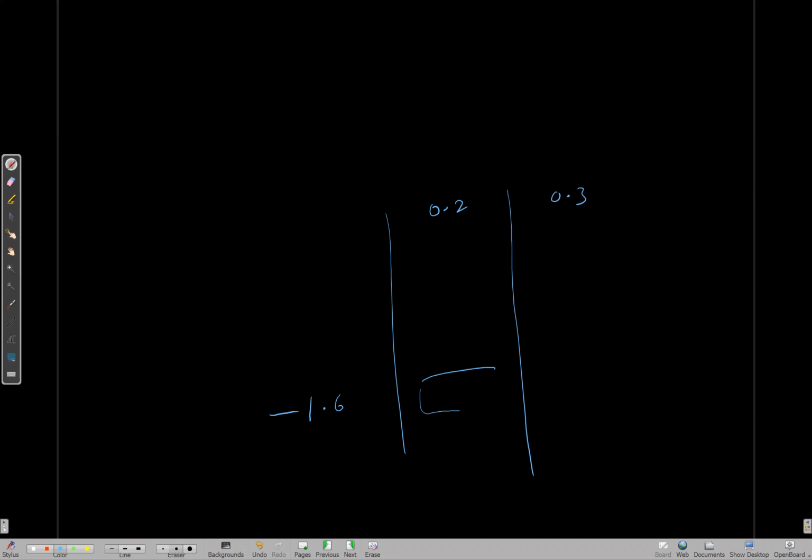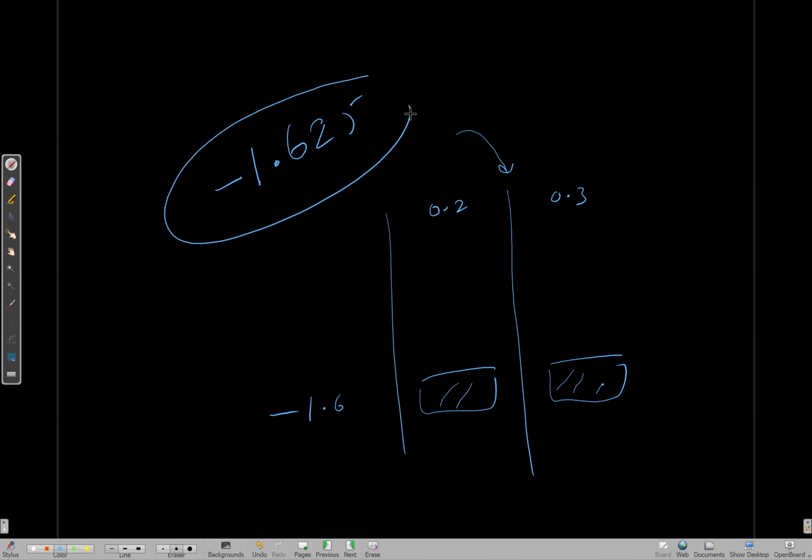The value we are looking for is between these two values. So the actual z value is going to be somewhere here. That means negative 1.63 or something like that. That would be a much closer answer, but negative 1.63 and 1.62 are both good answers.